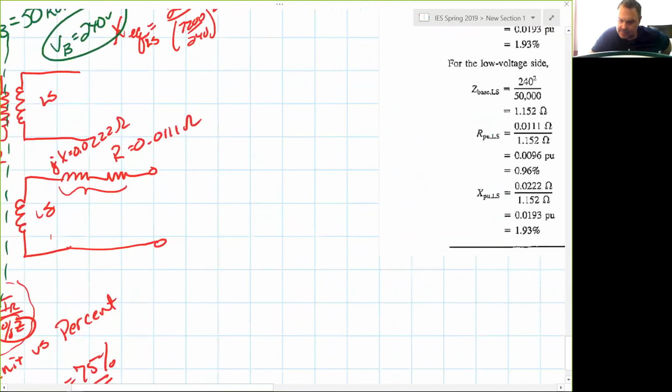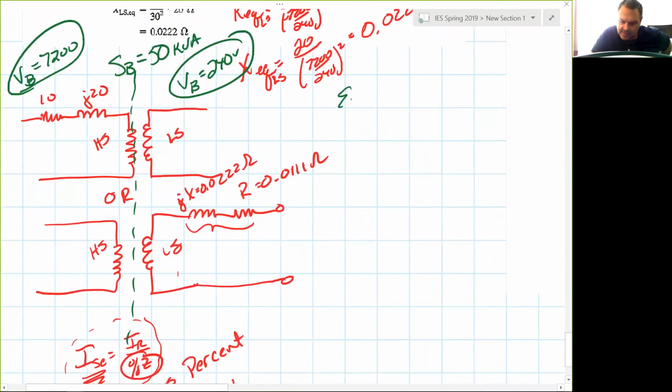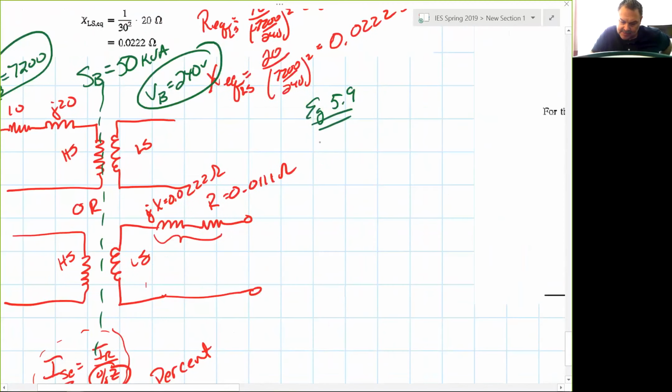Now, let's take a look here. I'm going to do example 5.9. Z per unit equals Z actual over Z base. Well, how do we calculate Z base? V base squared over S base.